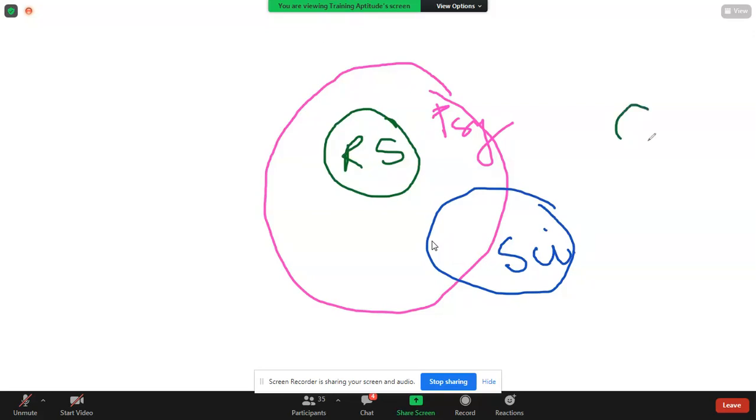I've got research scholars, psychologists, and scientists overlapping with these. This is also possible. So both the possibilities exist. Green represents research scholars. Pink represents psychologists. Peacock blue represents scientists.